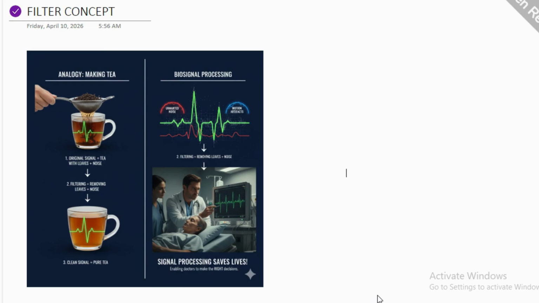That can be dangerous. But when signal processing is applied, the signal becomes clear. The doctor can trust the data, and he can make the right decisions at the right time.